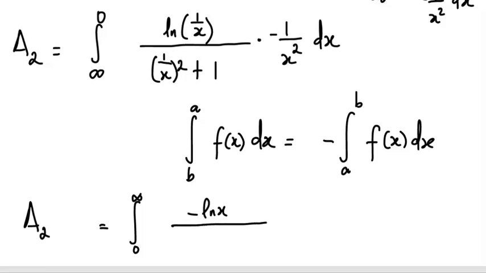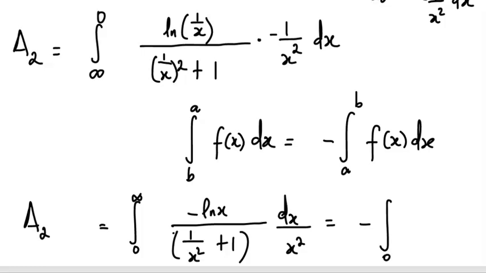Then divided by 1 over x squared plus 1, and we have dx multiplied by 1 over x squared. So remember we're multiplying this bracket by x squared, so something really cool is going to happen. This is going to be the negative integral from 0 to infinity of natural log of x divided by x squared plus 1, and then dx.